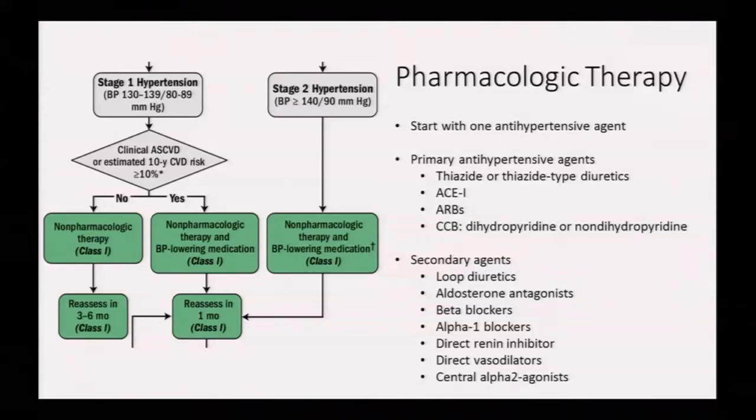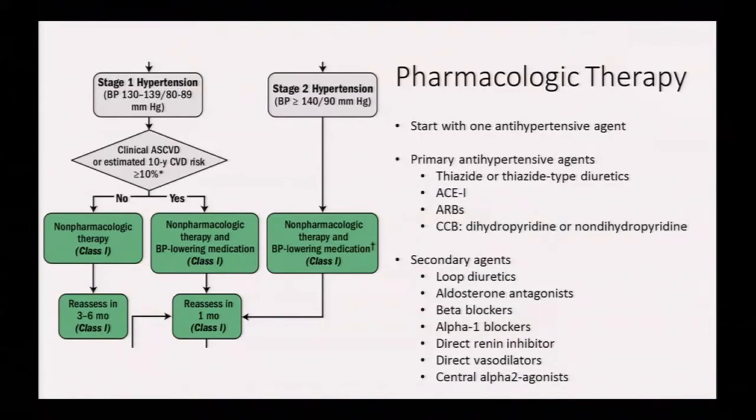The trials were the VALUE trial, the ALLHAT trial, and the ASCOT-BPLA trial. In all those 3 trials, the people that were started on combination therapy from the time of diagnosis and beginning of treatment were able to get under good blood pressure control in fewer months, way sooner than the people that were started on 1 medication and had a second agent added on later.